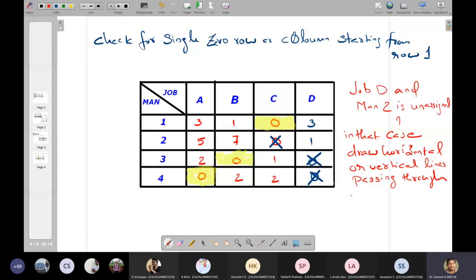The condition is that the horizontal or vertical lines should cover as many zeros as possible.